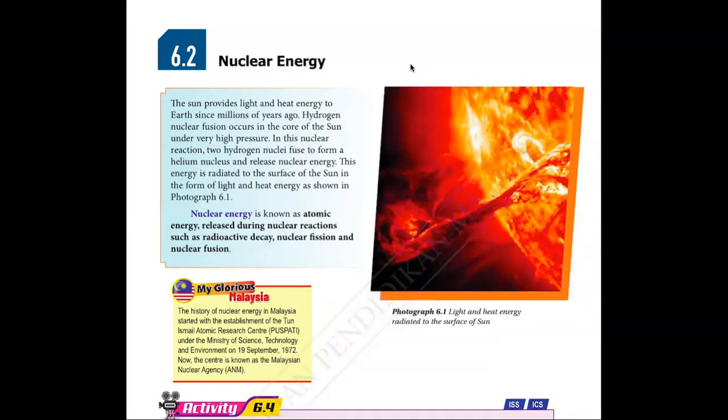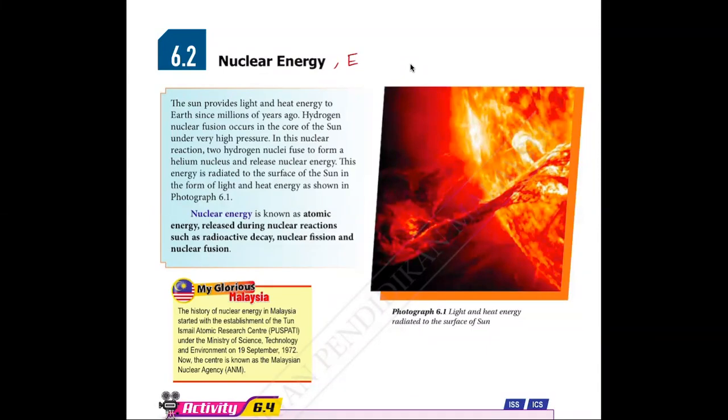And you have also learned about heat energy, electrical energy, and so on. For today's lesson, we will be learning about nuclear energy, and the symbol for the energy is the same. It is capital E, but the formula will be different.